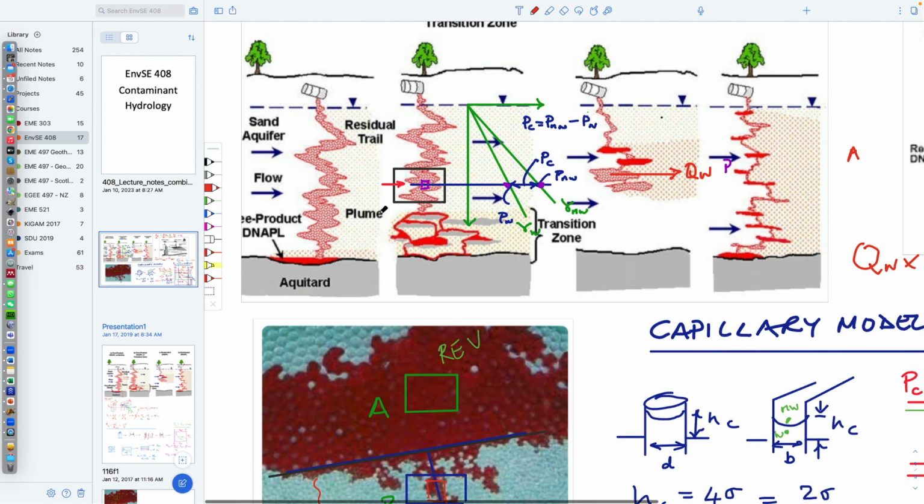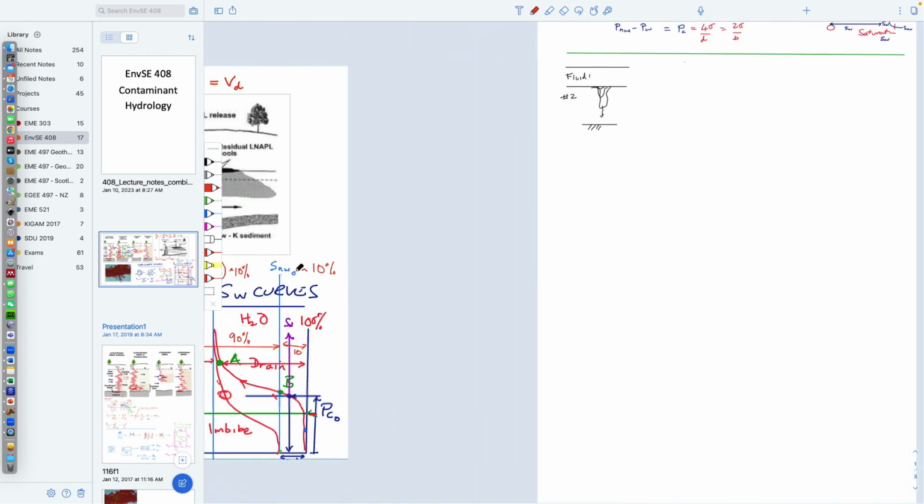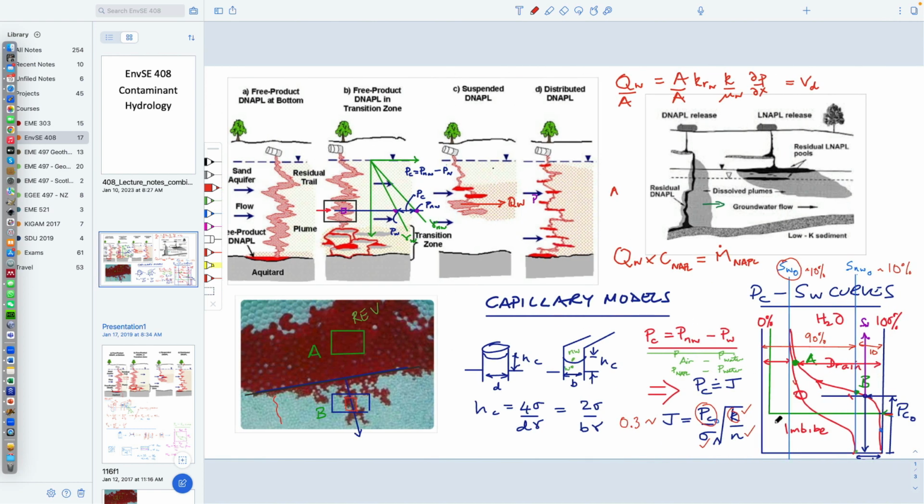So this is at reasonably low saturations of the non-wetting fluid. As you come down into this material, it would be 80% saturation of the wetting material and 10% saturation of the water, just as we saw in the base of our diagram, which is replicated on here.